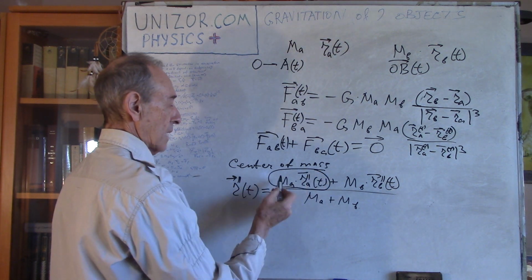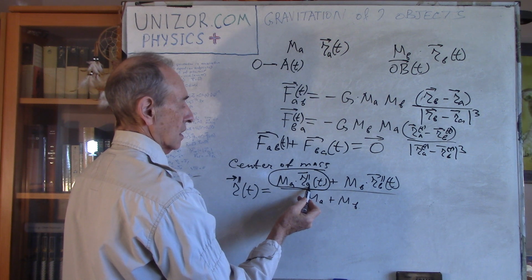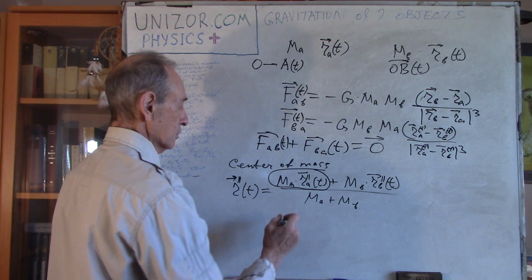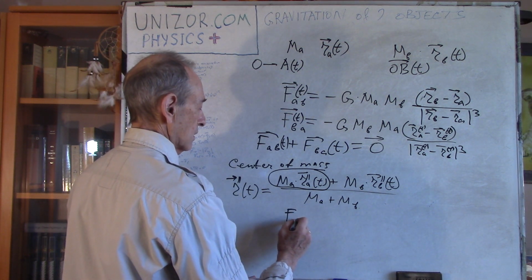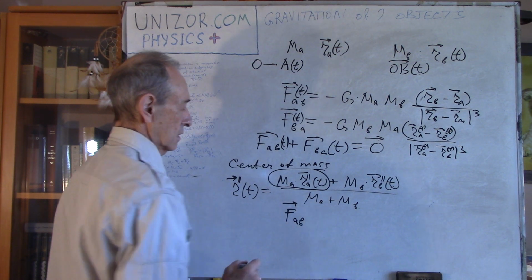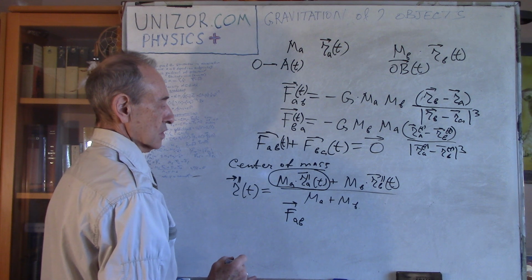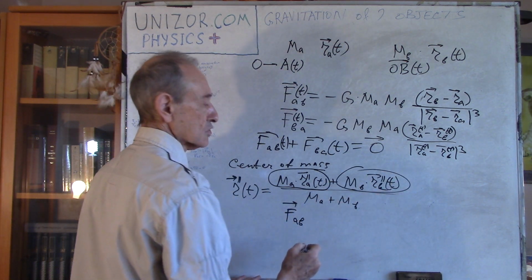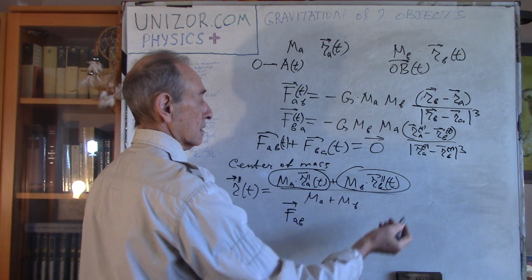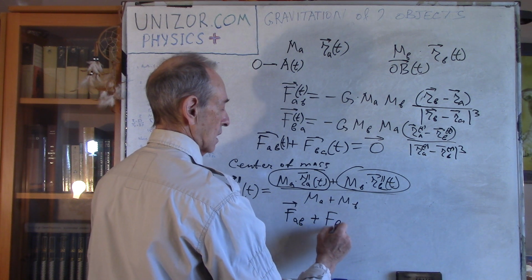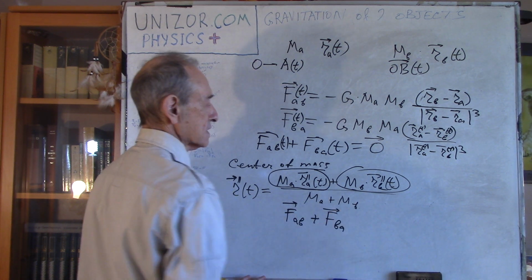This is mass times acceleration of the A object, which means, according to the second law of Newton, it's the force which acts on the first object. Same thing here. Mass of the second object times acceleration, that's the force which acts on the second one.